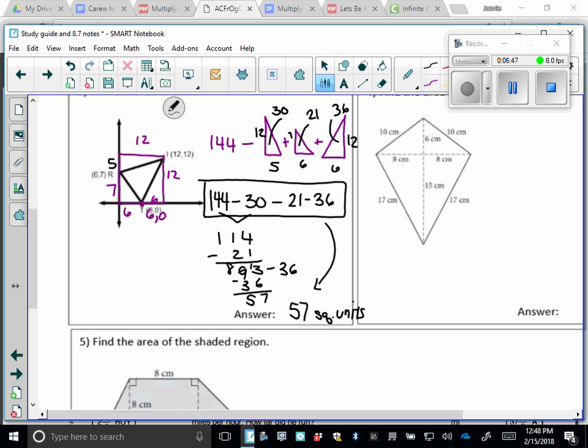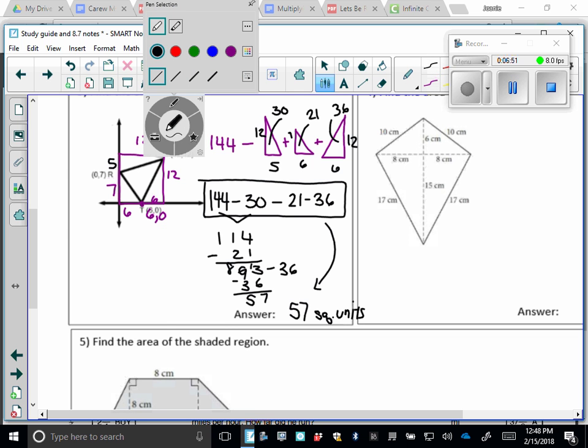This kite problem is one that I really wanted to spend a little more time with everybody on. Kites, you know, there's a lot of symmetry in the kite.